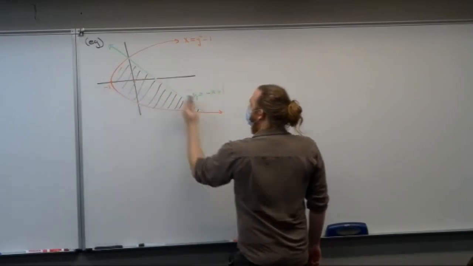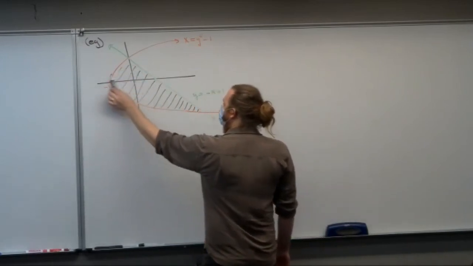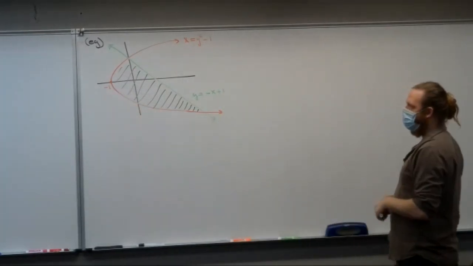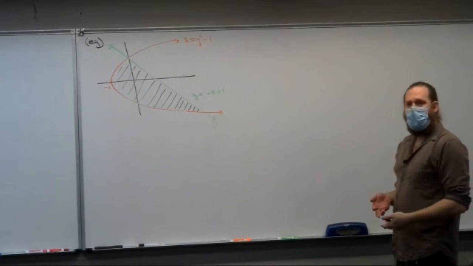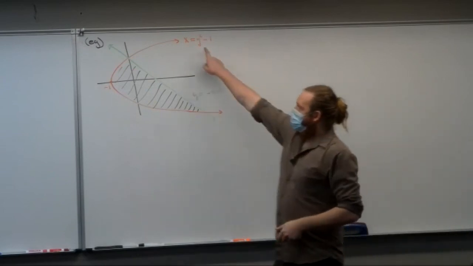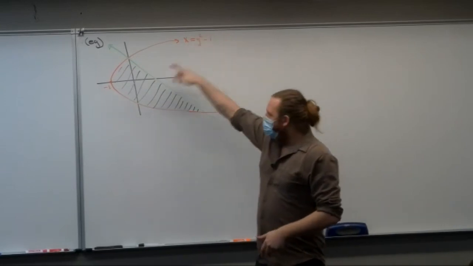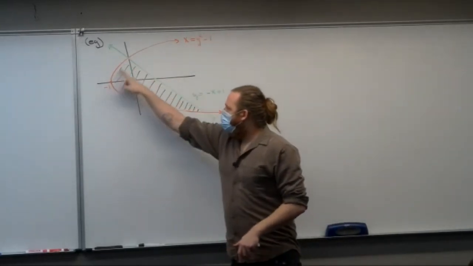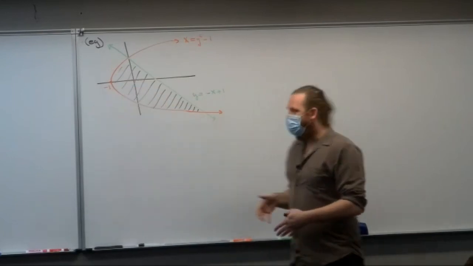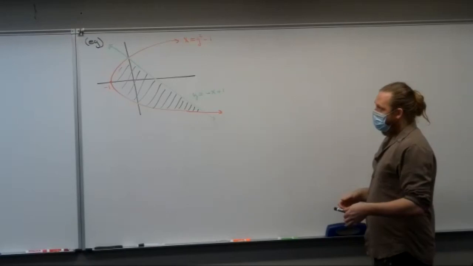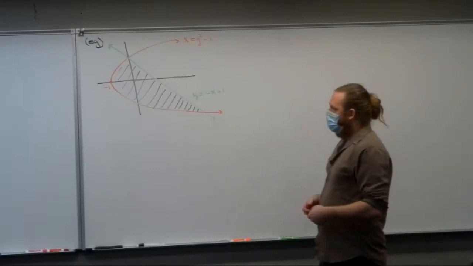One integral to compute the stuff to the right of the origin, another integral to compute the stuff to the left of the origin. The integral to compute the stuff to the left of the origin would be a little bit weird. You could get there by solving this for y. You're going to have a plus and a minus when you do that. You could take the plus and then use that to calculate this region and then double it, but it's messy. It's very messy. The alternate approach is to set it up as a dy integral, right?